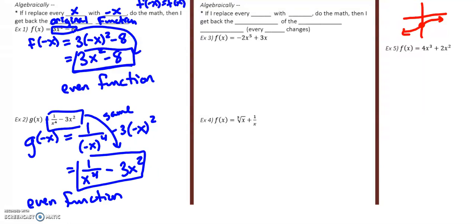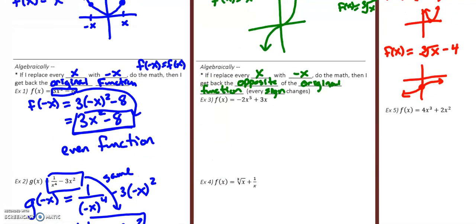In terms of odd functions, if I replace every x with a negative x, I do the math, and then I get back the opposite of the original function. In other words, every sign changes.